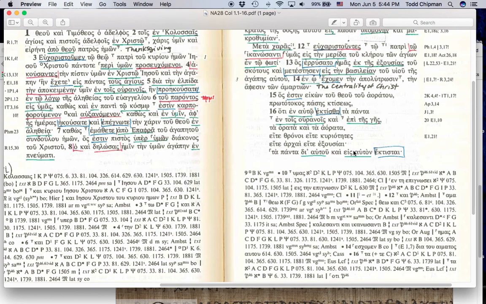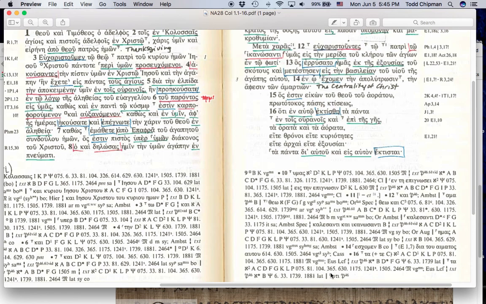The perfect verb here, all through him and for him. And we look at this mark in verse 16, and P46 has hoti there instead of ta.